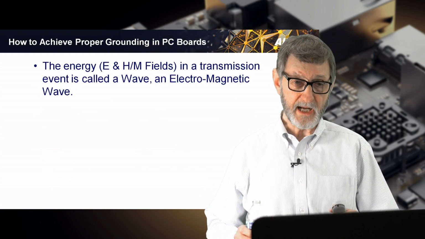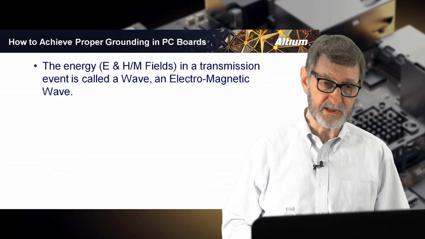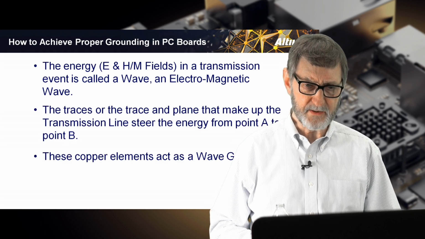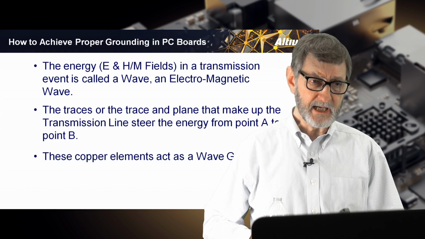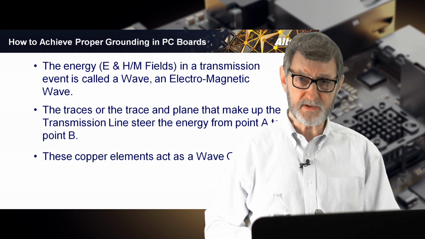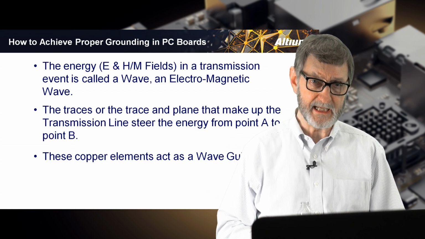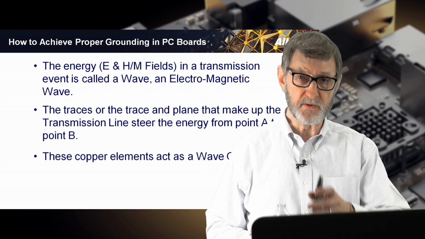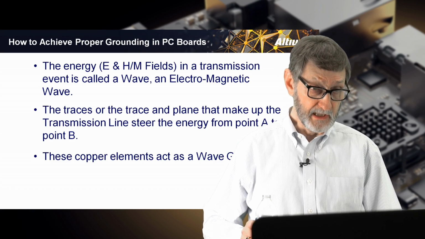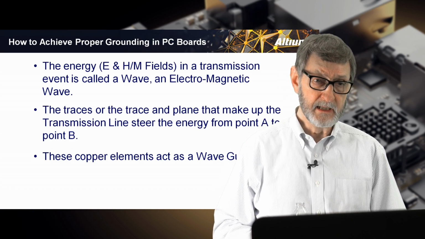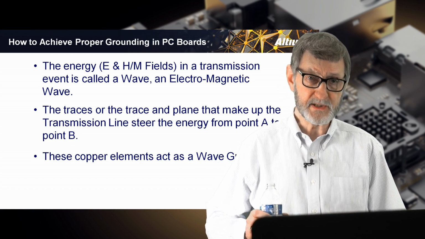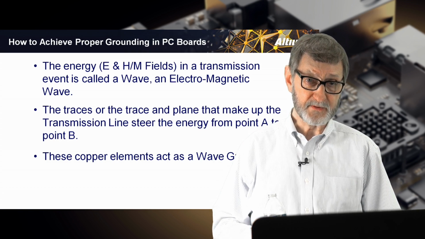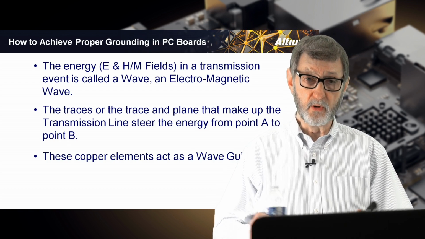The copper acts as a waveguide to steer the energy from point A to point B. As you route a trace across the board and it references a plane, the fields will follow that trace and plane from point A to point B because it's a lower impedance path than it would have to follow if it were just launched into the board.